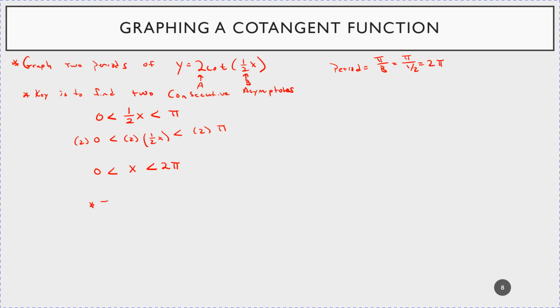At x is equal to 0, so that's the y-axis, and now at x is equal to 2 pi. You're going to use this, then the midpoint between them is the x-intercept, and then you're going to find points 1/4 and 3/4 of the way through. All right, let's do it.